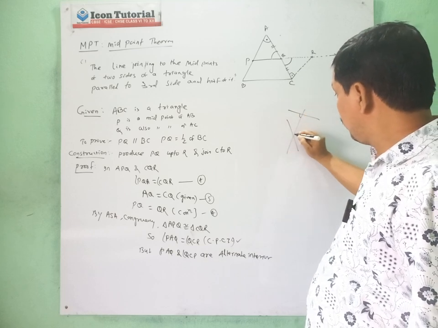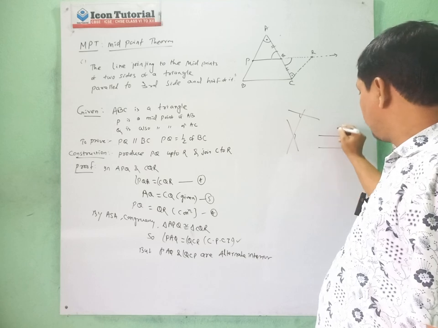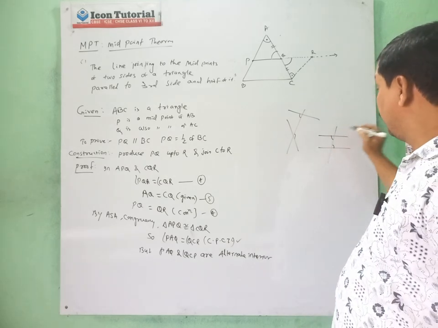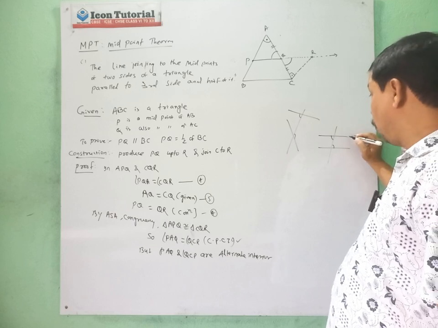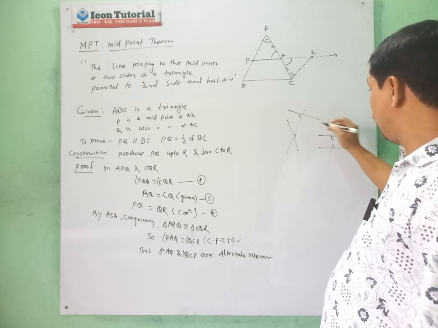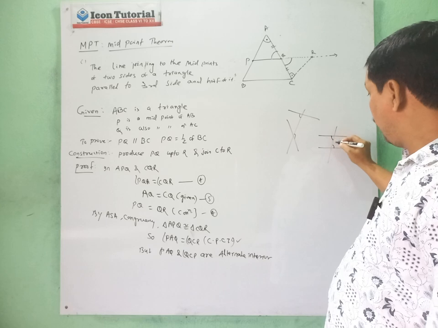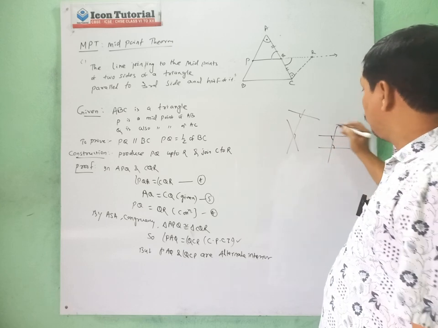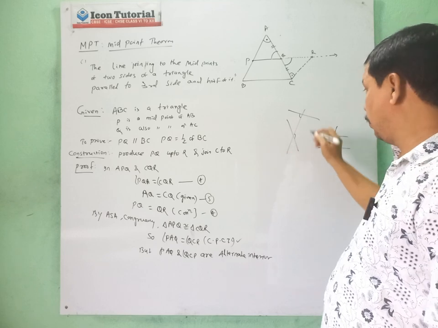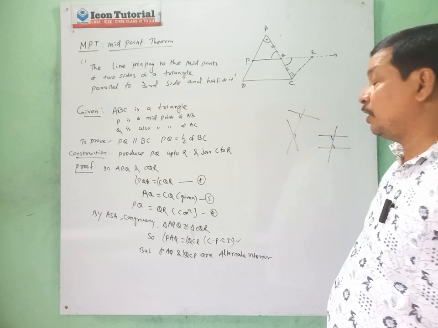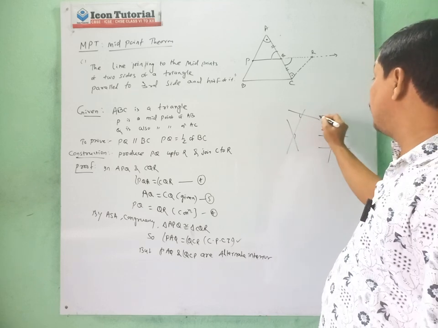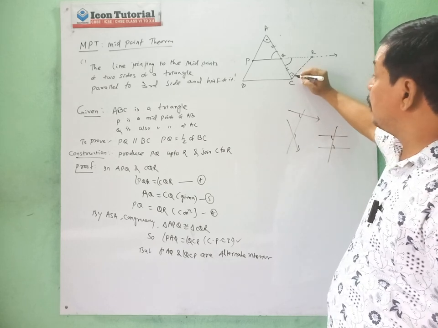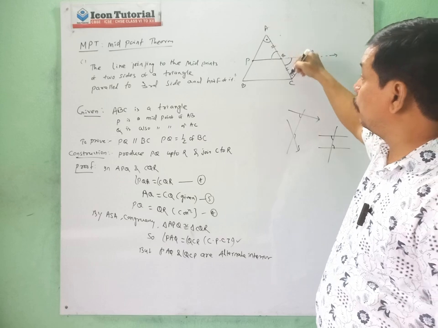If the alternate angles are equal, then the lines, whether intersecting or non-intersecting, are parallel to each other. So here alternate interior angles are angle C and angle A.